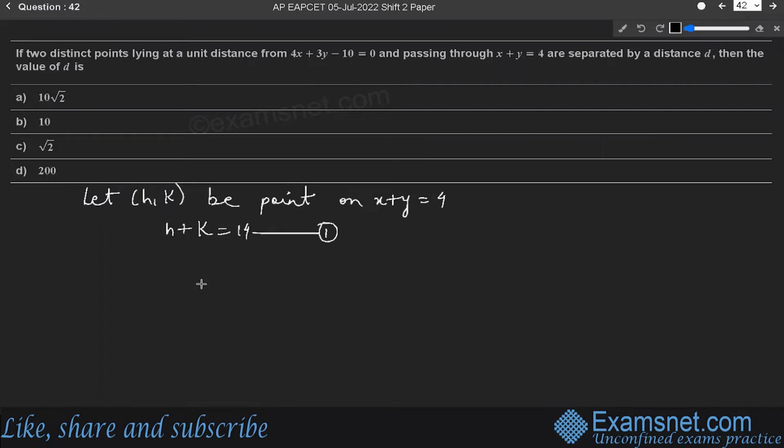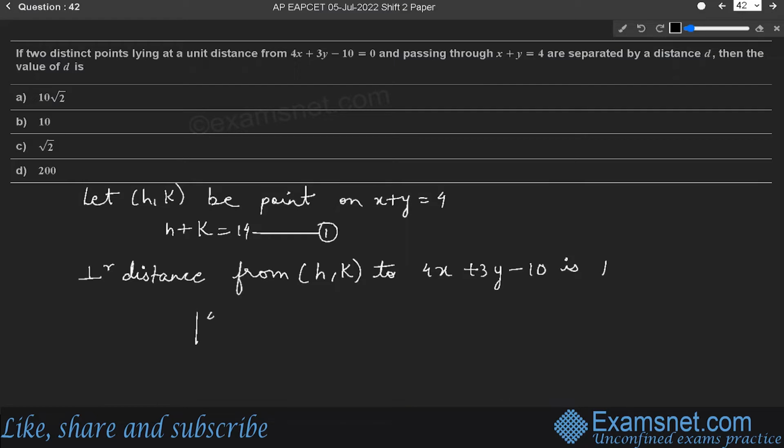It is also given that the perpendicular distance from point (h, k) to the line 4x plus 3y minus 10 is 1. Therefore, it will be (4h plus 3k minus 10) divided by under root of 16 plus 9 is equal to 1.